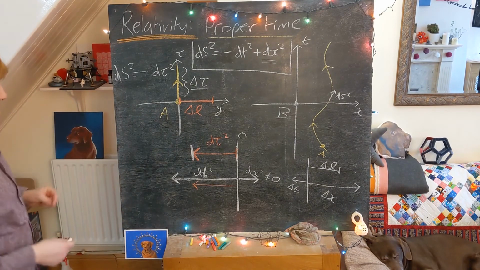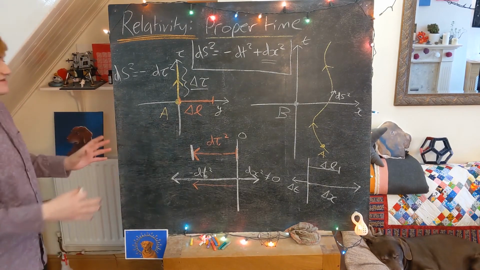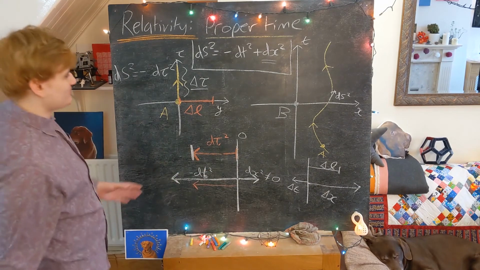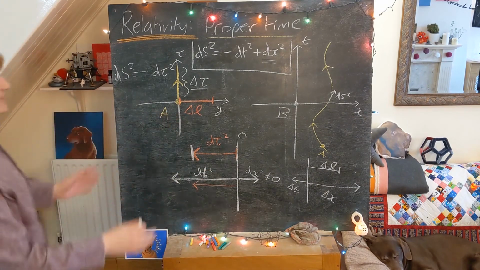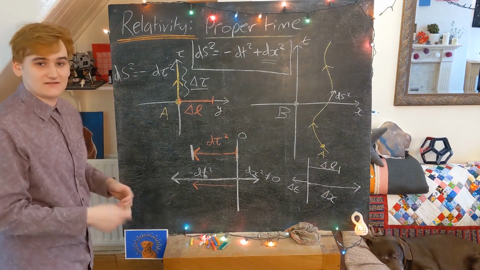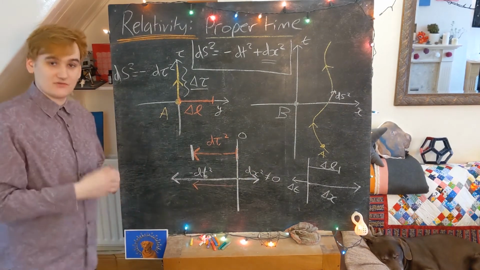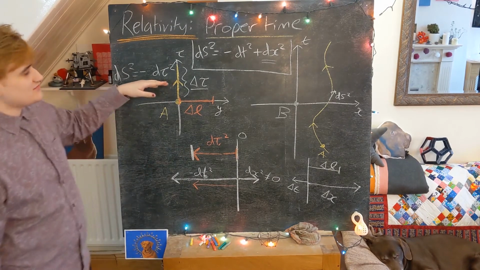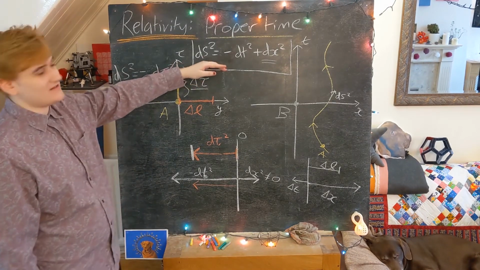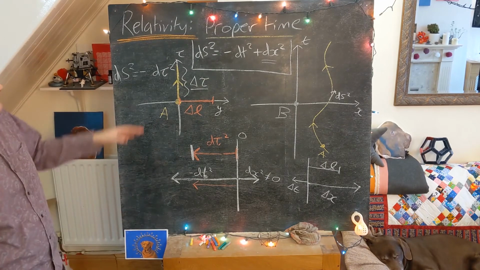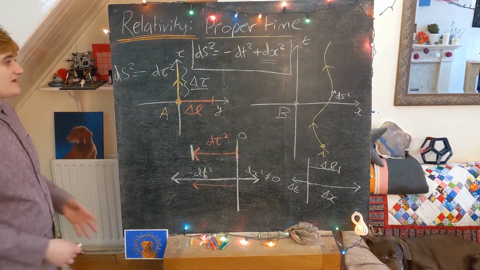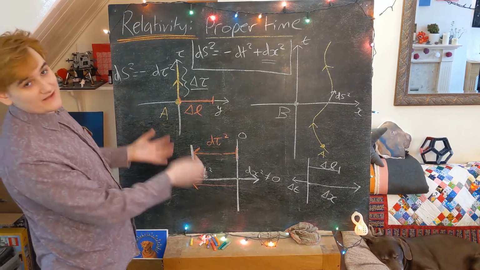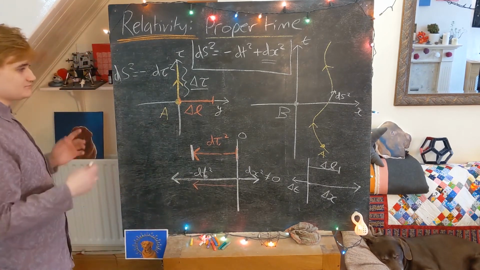But I just want to point out the fact that we've managed to see these physical effects coming into play without considering anything to do with coordinate transformations or moving to moving observers. We're simply looking at these purely geometric objects, these intervals or the line element, and already just from the form of the line element we can see these physical effects emerging.